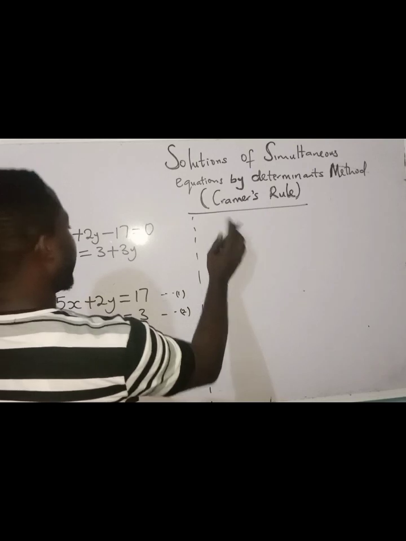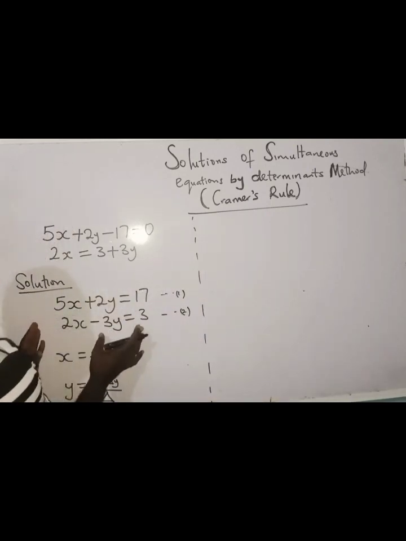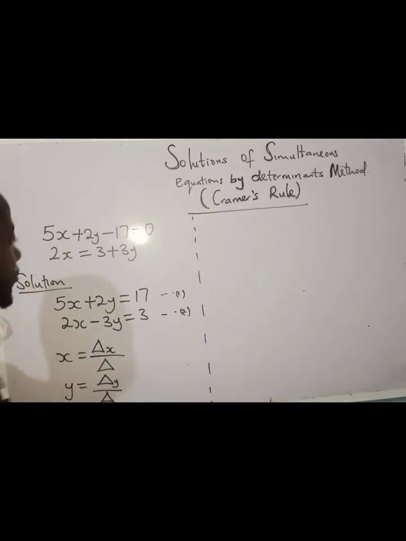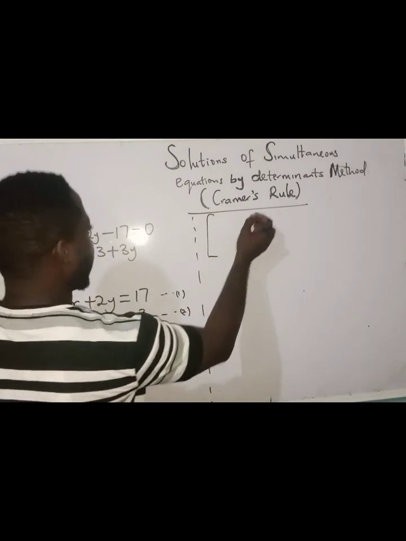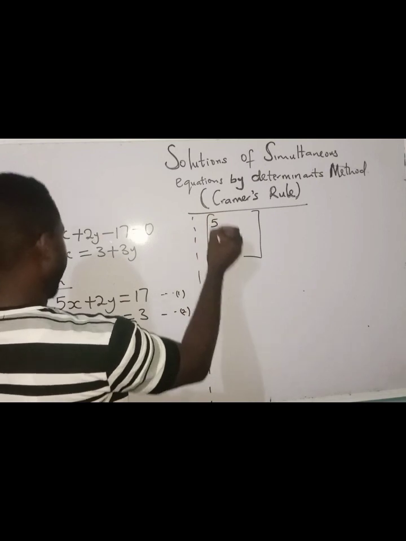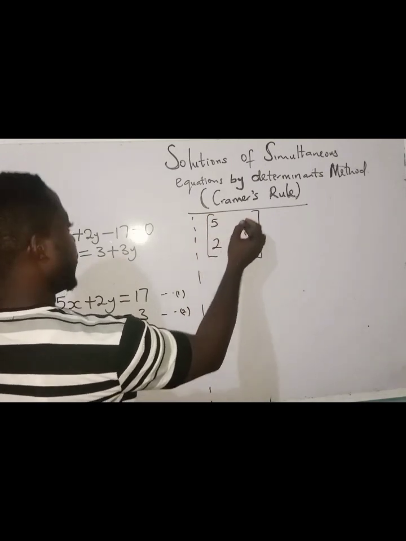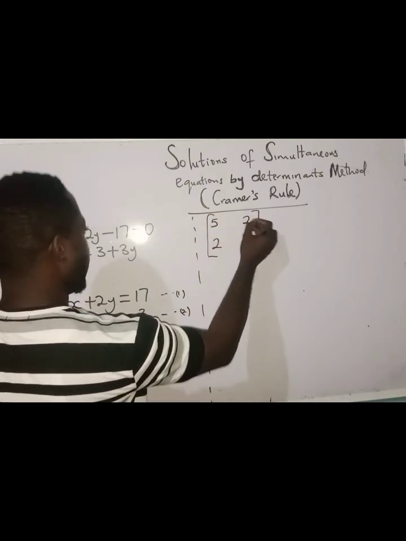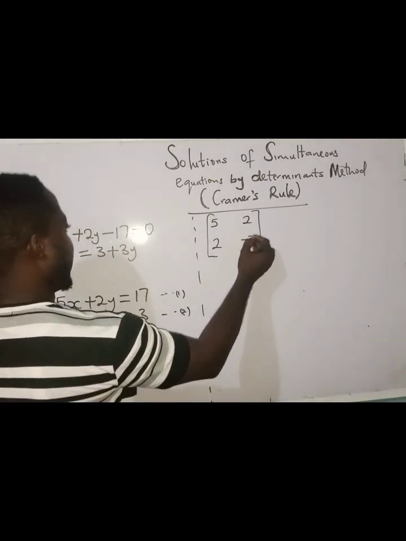To get the determinants, let's rewrite this equation in matrix form. The coefficients of x are 5 and 2, while the coefficients of y are 2 and minus 3.